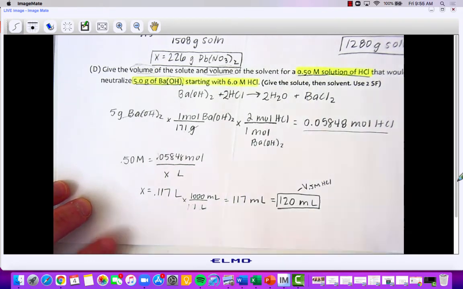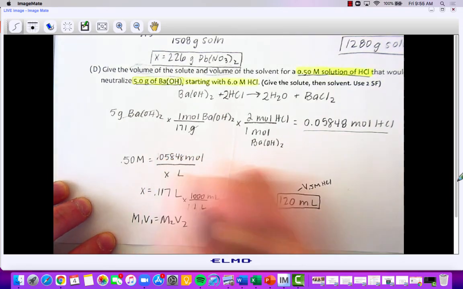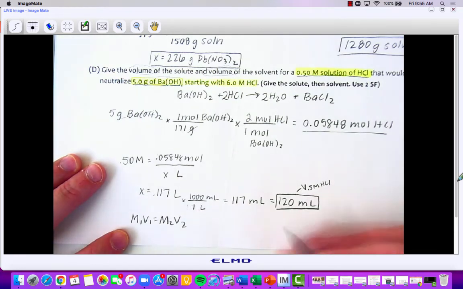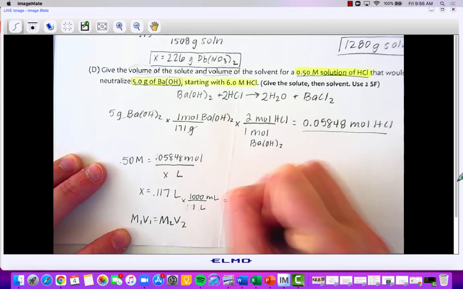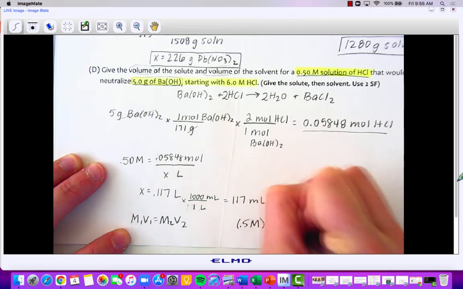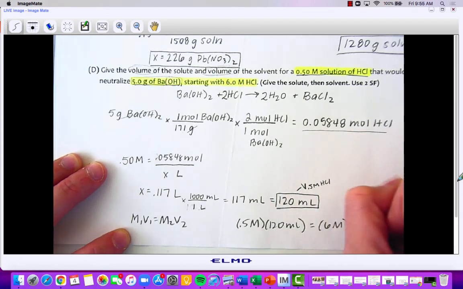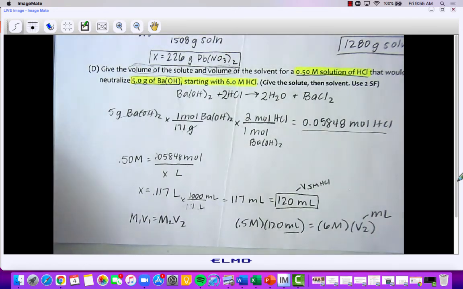That's dilution. So M1V1 equals M2V2. It doesn't matter which pairing you pick as which. I'm just going to do 0.5 molar, 120 milliliters, 6 molar times V2. Because this is in milliliters, this will be in milliliters. So 0.5 times 120 divided by 6.